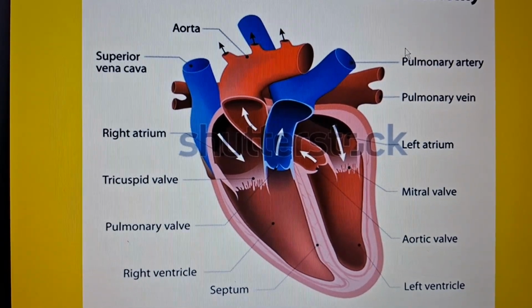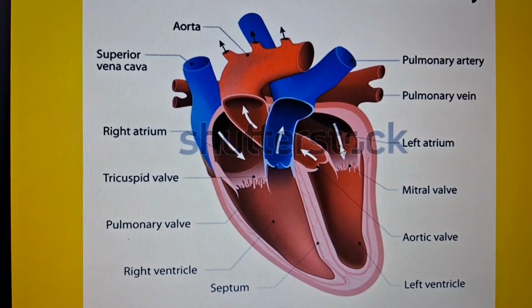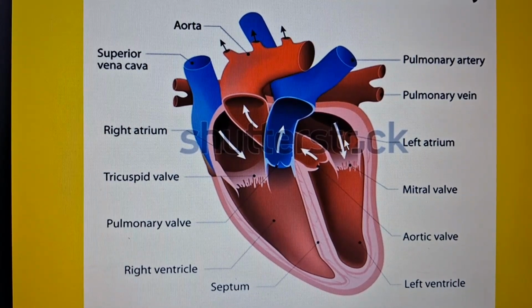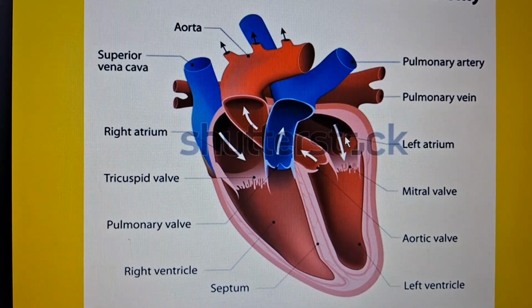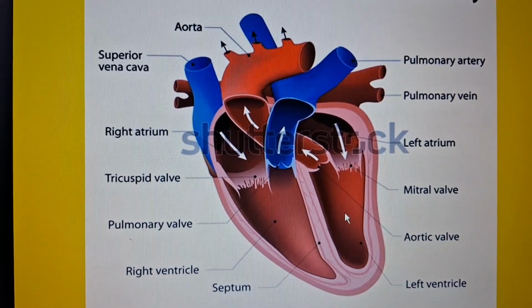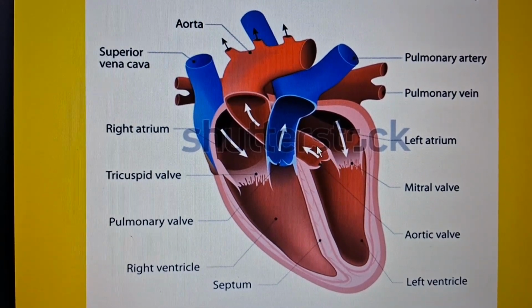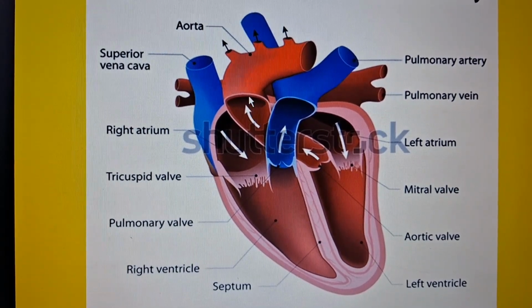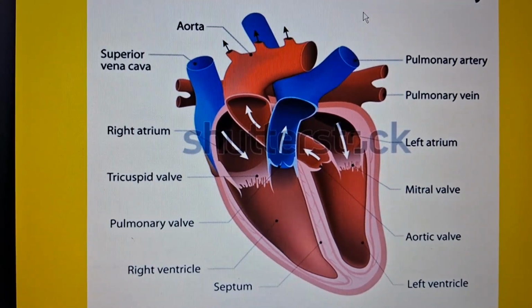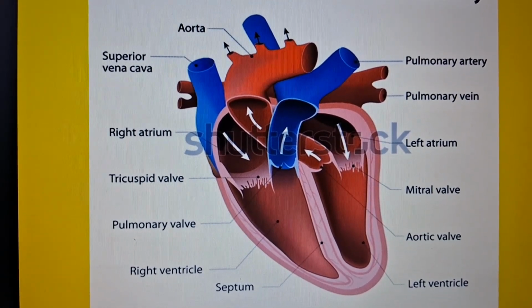Now from the lungs, when it is oxygenated, the pulmonary vein brings it back to the left atrium. During atrial contraction or systole, this pure blood, oxygenated blood, moves through the bicuspid valve into the left ventricle. From the left ventricle, through the aorta, the oxygenated blood is carried to different parts of the body. This is how the blood is transferred to different parts of the human body.